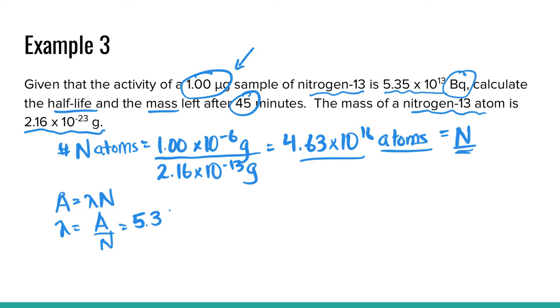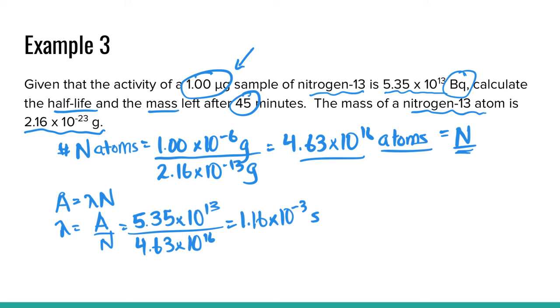So that's 5.35 times 10 to the 13. We're going to divide that by our number of atoms, and we get, what is our lambda here? We get 1.16 times 10 to the negative 3 seconds to the minus 1. Okay, so we have figured out the decay constant.